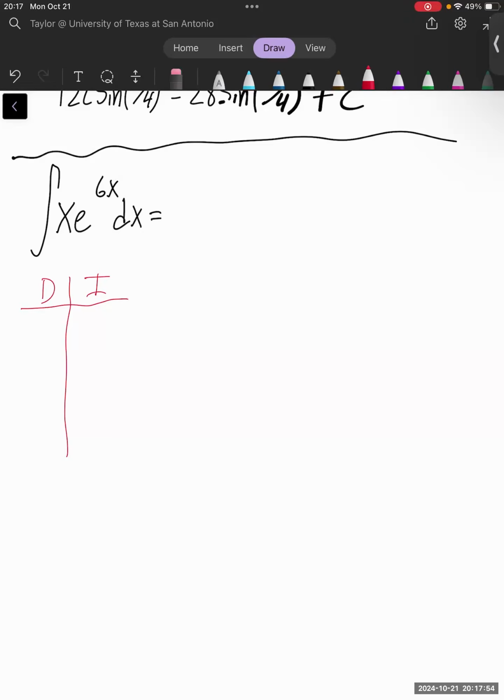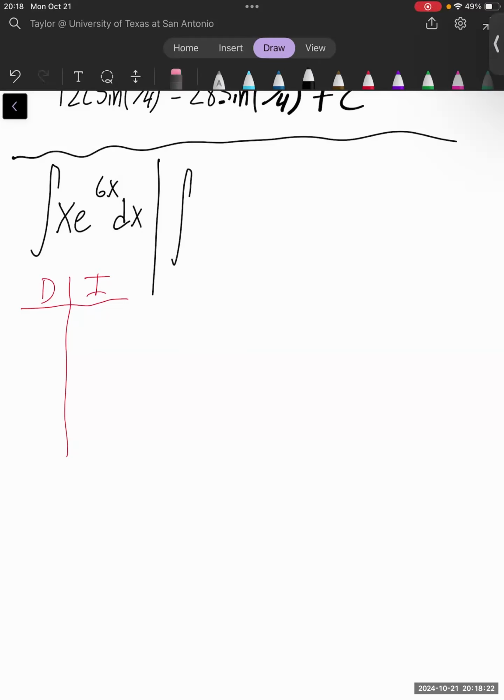So the immediate question is, what function do we choose for our derivative term, and what function do we choose for our integration term? Part of the reason why I like to use the f's and g's rather than the u's and v's is because integration by parts is always presented in this formula. I'm going to block this off.